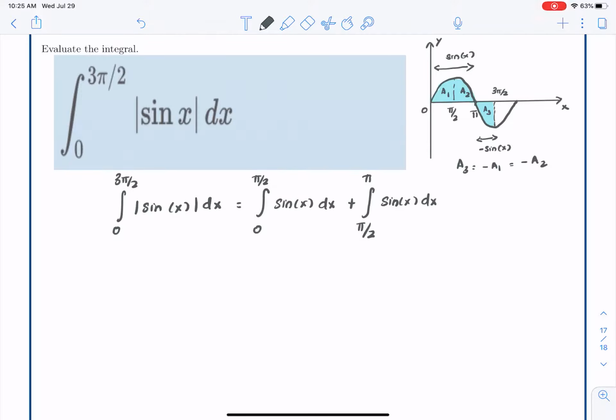There will be the exact same minus the integral from pi to 3 pi over 2 of sine x dx.